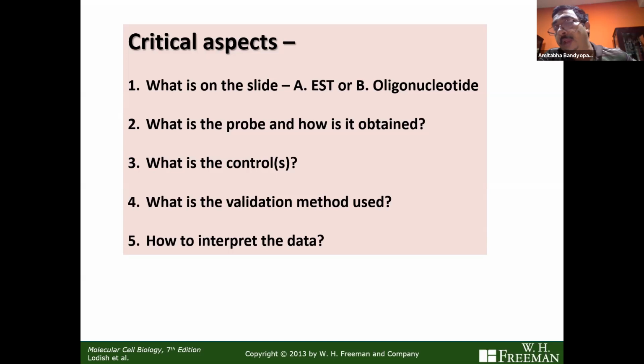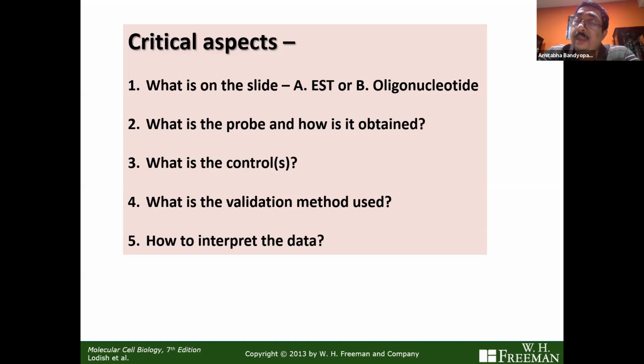This is done purely robotically, and this is possible because of the advent of microlithography and solid phase DNA synthesis technologies, okay? And of course, sequencing of the genomes.